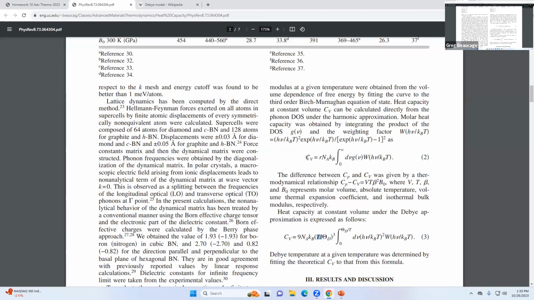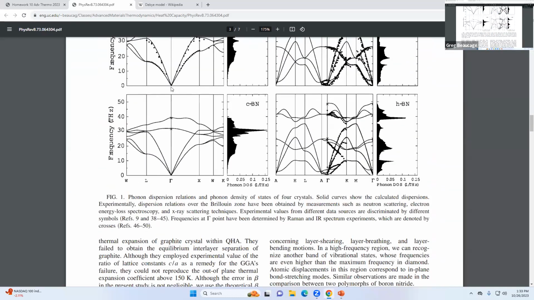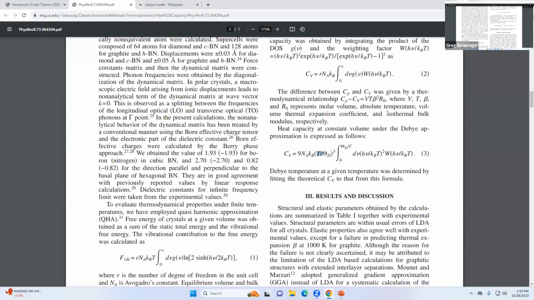He calculates CV. So he has his density functional theory. It gives him this. From this, he gets the density of states. From the density of states, he plugs it in. G is the density of states times this weighting function. He does that integral numerically, and then he gets the heat capacity for every temperature. So he has the heat capacity as a function of temperature. And then he takes those heat capacities as a function of temperature, plots them and fits it to this equation and gets what the Debye temperature is.